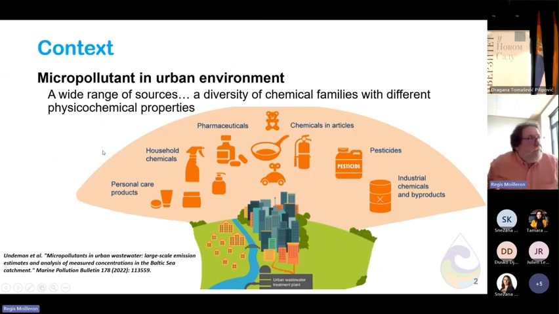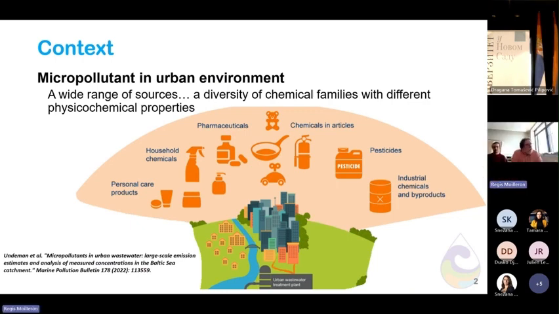So first of all, some background about micropollutants in the urban environment. Micropollutants can be found in an urban environment from a wide range of sources. They come from different families of chemical products, and also from families with different physical-chemical properties.